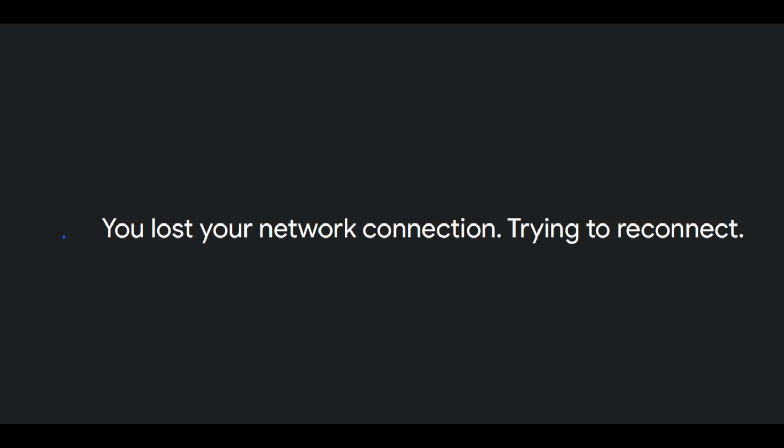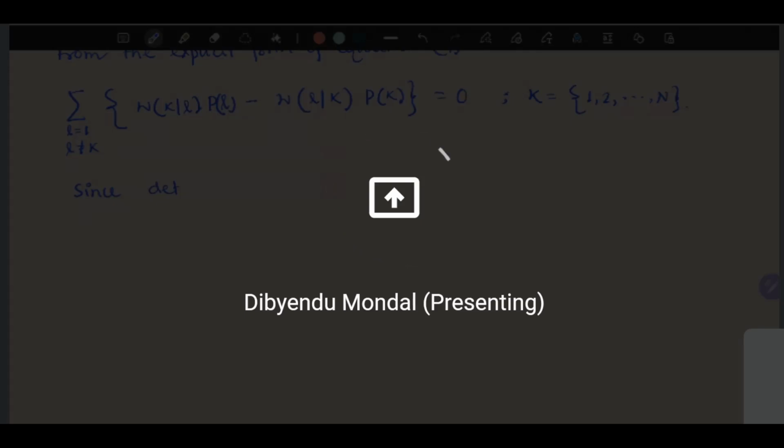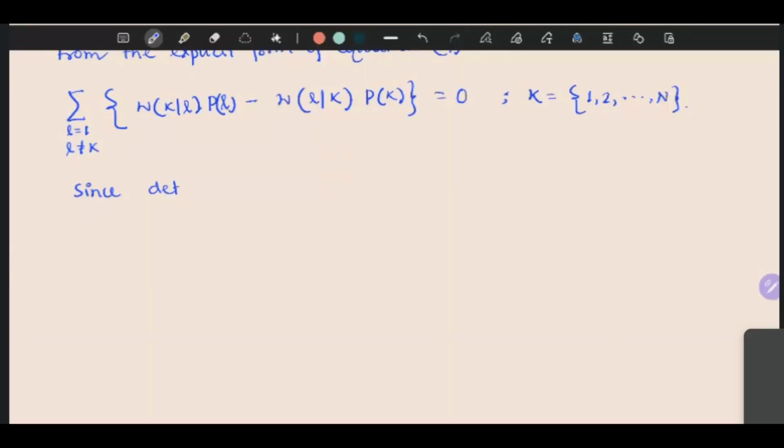Now since the determinant is 0, we can guarantee the set of homogeneous simultaneous equations will have a unique non-trivial solution for the ratios of the unknowns.